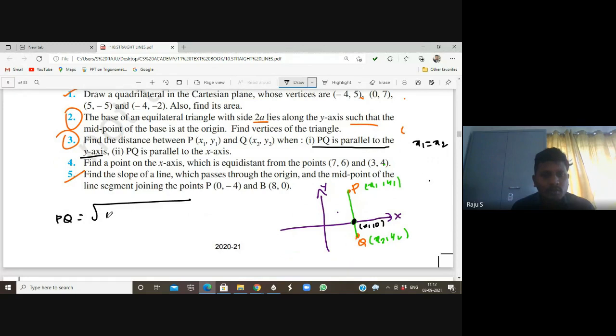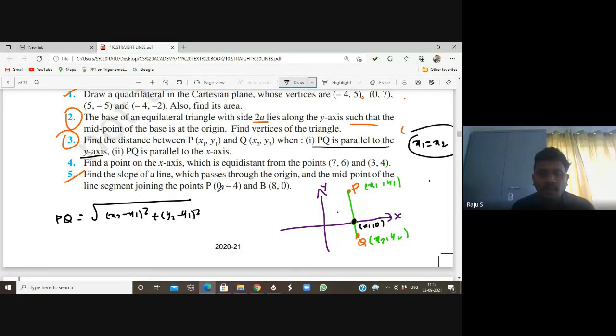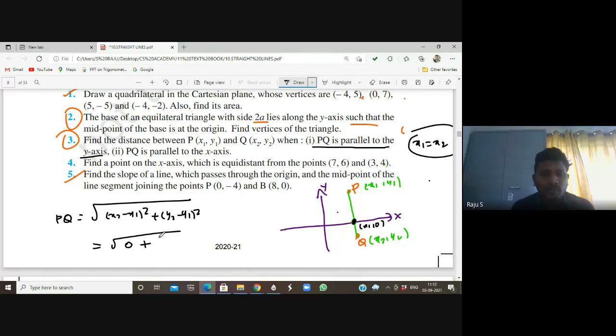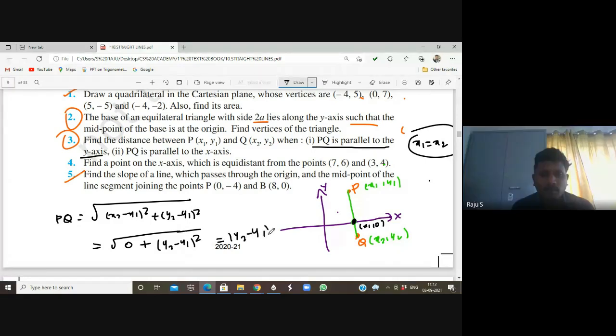Root over (x2 minus x1) whole square plus (y2 minus y1) whole square. What is x2 minus x1? It is 0. So we get root of (y2 minus y1) whole square, which is equal to modulus of y2 minus y1. Because the distance cannot be negative, we should take the modulus.